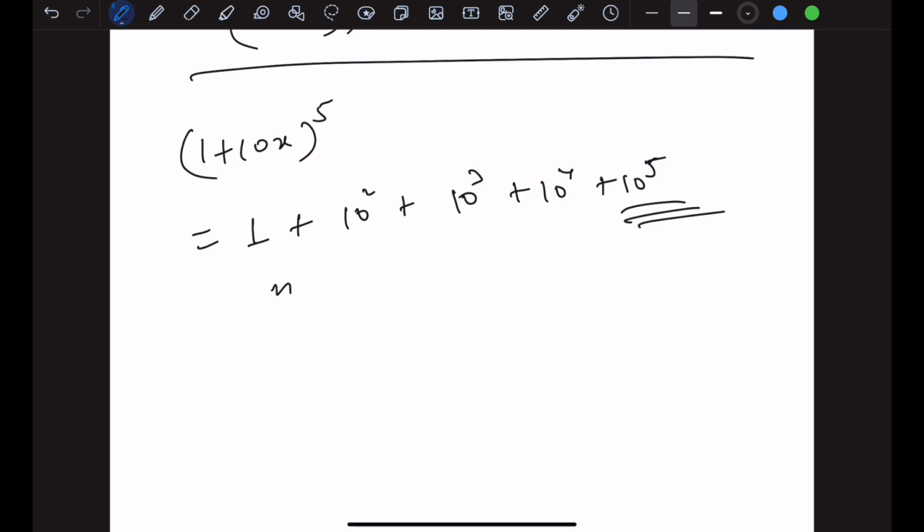So we can directly write the last term as NCN a to the power 0, which is 1 to the power 0, 1, and 10x to the power 5. NCN is 1, so it will be 10 to the power 5, which is 100k.